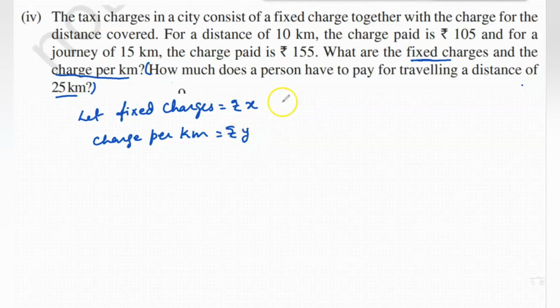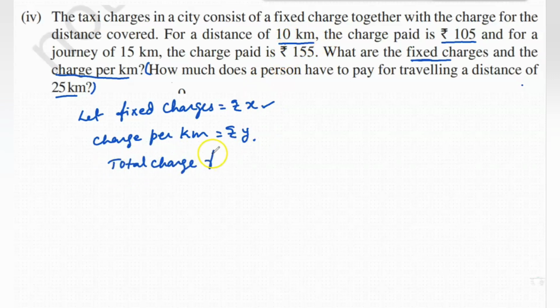Now see the first condition: for a distance of 10 kilometers, the charge paid is 105 rupees. So compulsorily they have to pay the fixed charge x rupees plus, for every kilometer, y rupees. So 10 kilometers means 10y rupees.